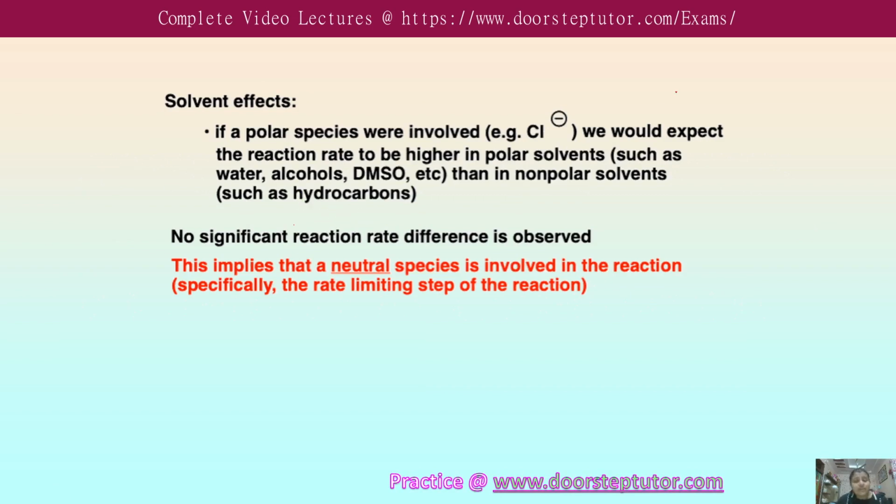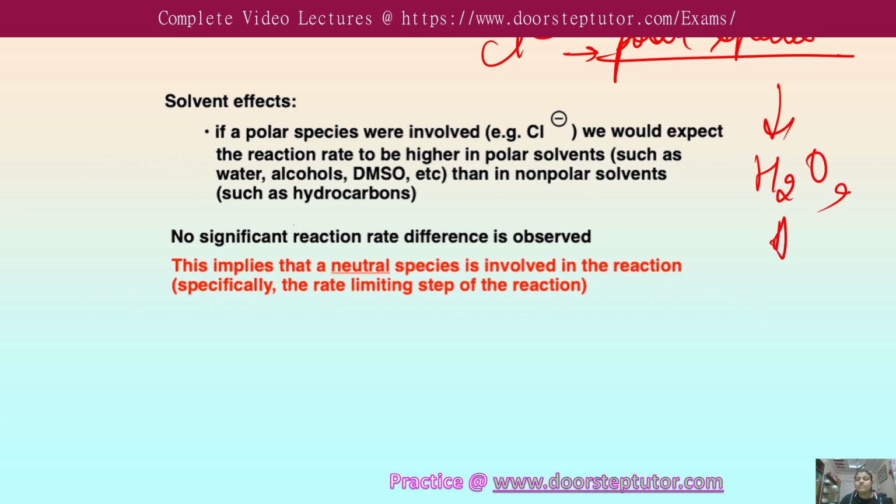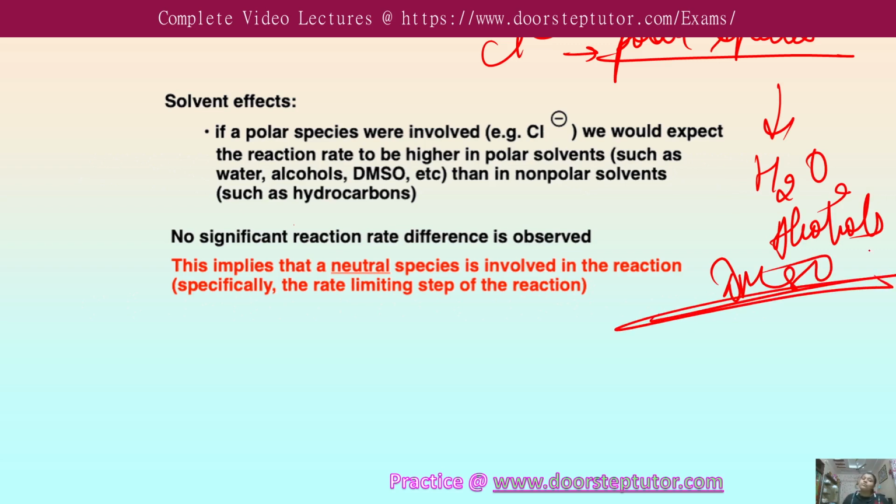If we have a polar species, just consider Cl minus. Cl minus is a polar species, and if we have a polar species, we would expect the reaction rate to be higher in polar solvents. For example, we can consider water, alcohols, DMSO, dimethyl sulfoxide, etc. In non-polar solvents such as hydrocarbons, a significant reaction rate difference is not observed.